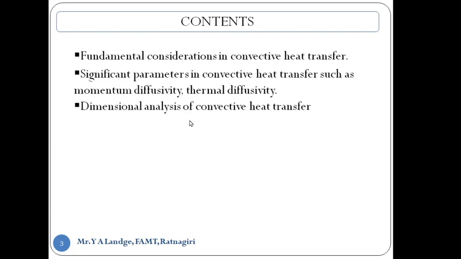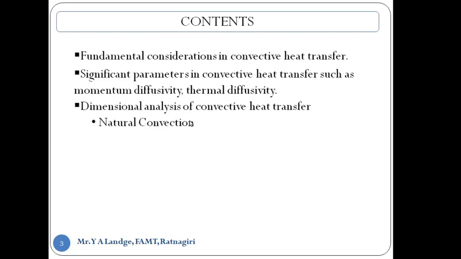So what we do is make dimensionless numbers and interconnect them, making the equation in terms of dimensionless numbers, and because of that we can easily get the values and equations for those conditions.